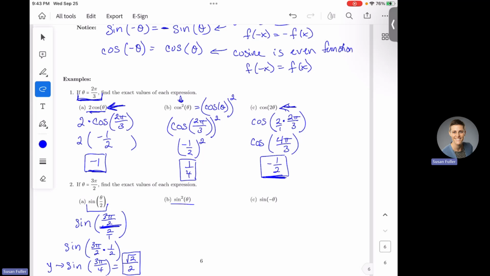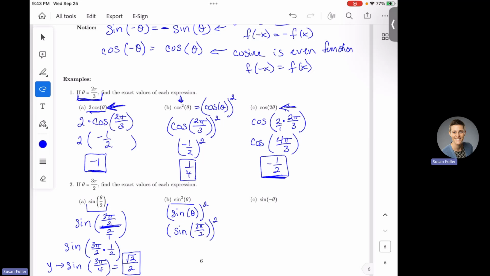The second one, what's this asking you? It's telling you to square the entire sine function. So this wants you to find the sine of your angle and then square it. So we have to find the sine of our angle, 3 pi over 2, and then square that.